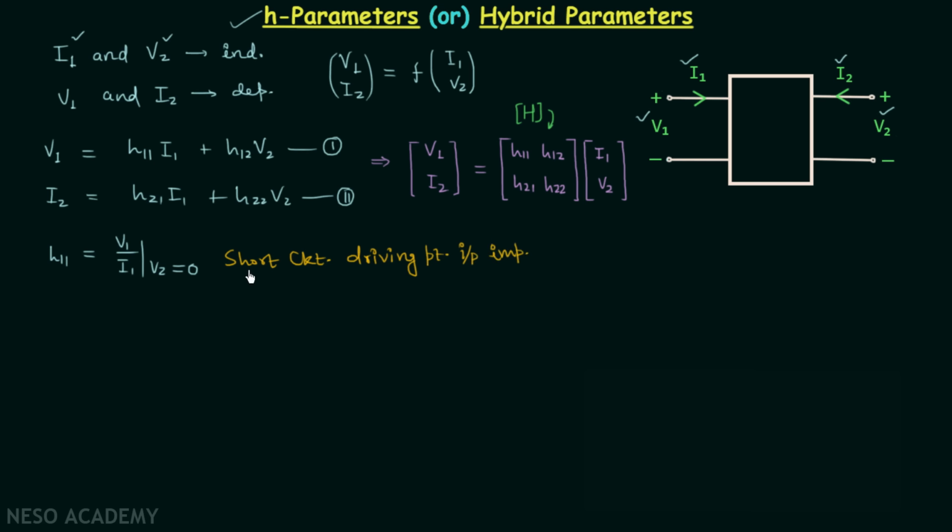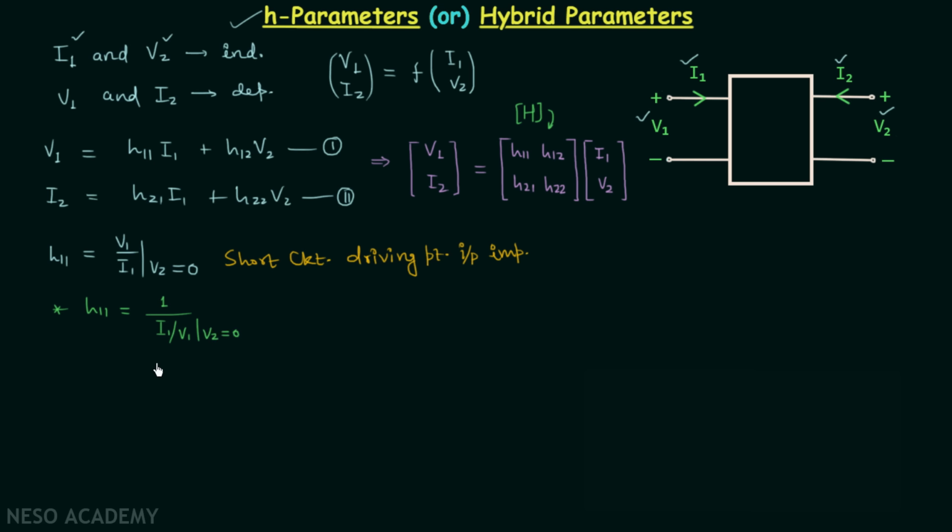So this is the complete name of H11, and we can write parameter H11 equal to 1 divided by current I1 divided by voltage V1 when V2 is equal to 0.